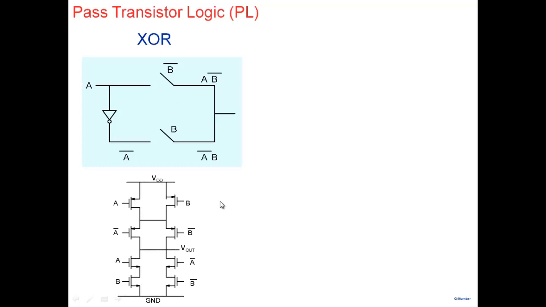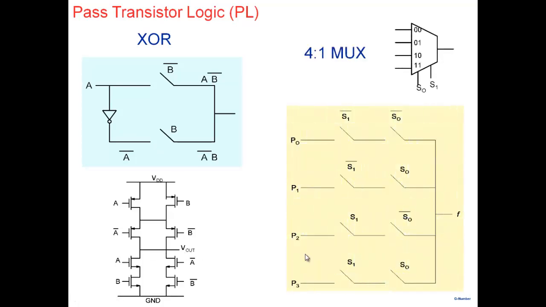For example, an XOR gate, one can see here, requires only 2 switches, if the inverters are available to you, as compared to this particular implementation that you see here. And similarly, if you look at a 4:1 mux, the implementation again looks fairly simple here.